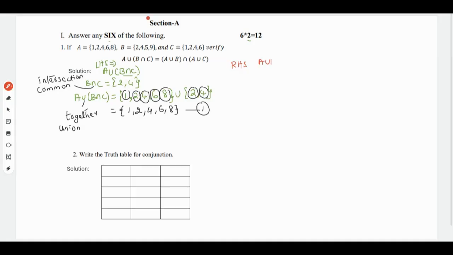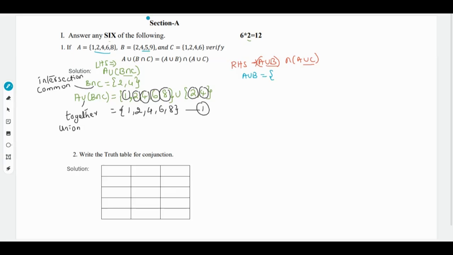RHS we have (A union B) intersection (A union C). We'll solve the brackets first and then we will solve the intersection together. That is A union B, which is writing all the elements of A and B together.